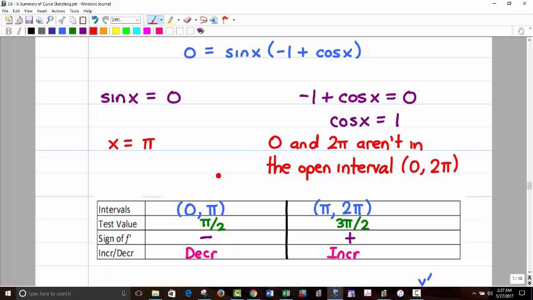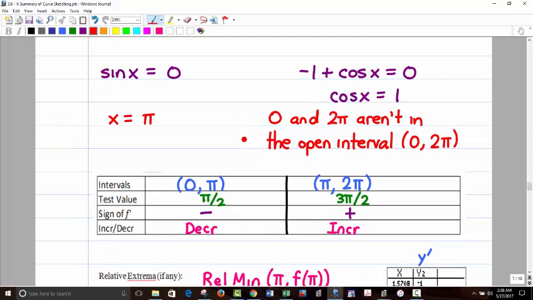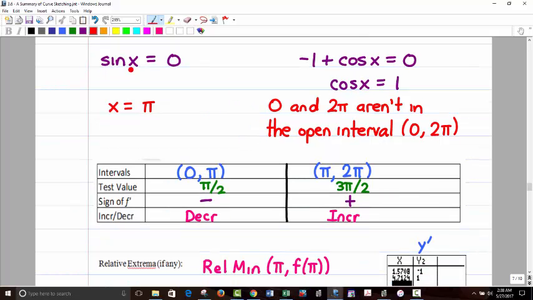We've had problems like this before, where, let's say if your interval would have gone from negative pi to pi, then we would have used 0. That would have been a good idea to make it negative pi to pi. Anyway, the same thing here. Sine, we don't use sine of 0 or 2 pi.